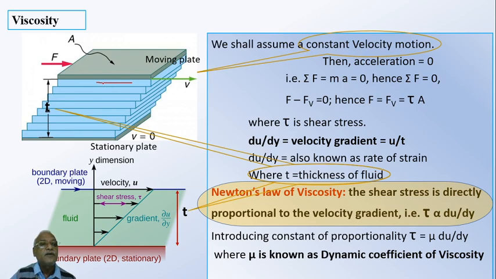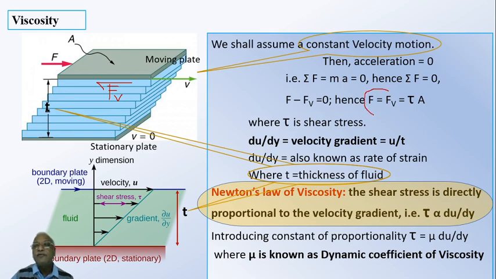So here there will be a resistive frictional force Fv, and because sigma F is equal to 0, F rightwards minus leftwards is equal to 0, hence Fv equal to F, right?